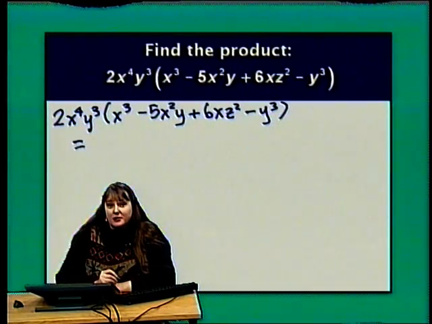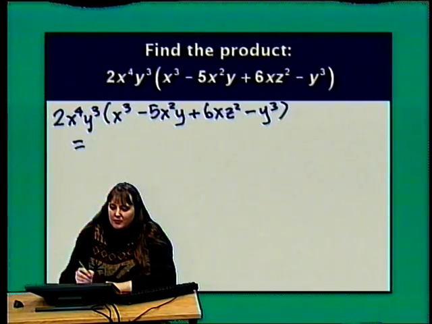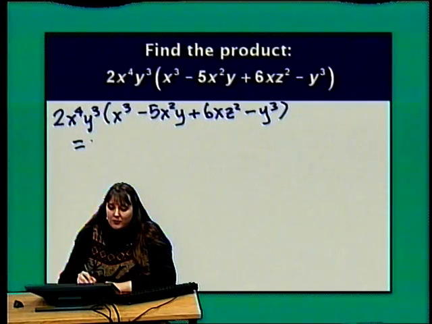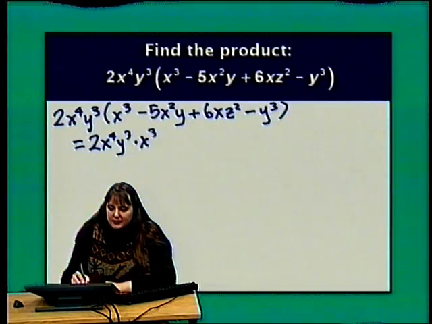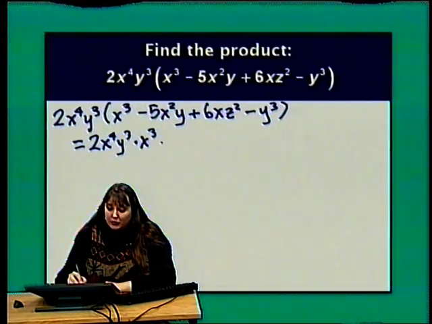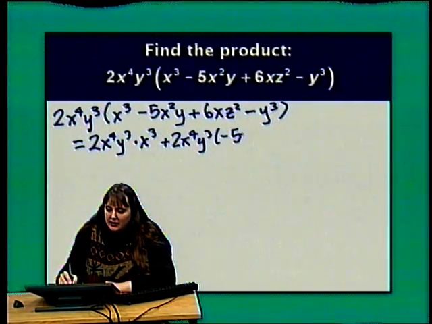Since there are so many terms, I'm going to write out this step to make sure I actually distribute to all 4 terms. I need to multiply 2x to the fourth y cubed by x cubed. Then I need to multiply 2x to the fourth y cubed by negative 5x squared y.